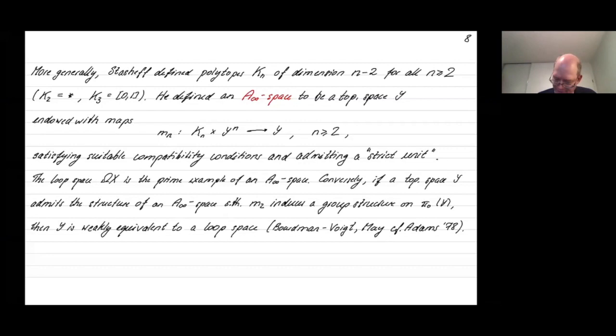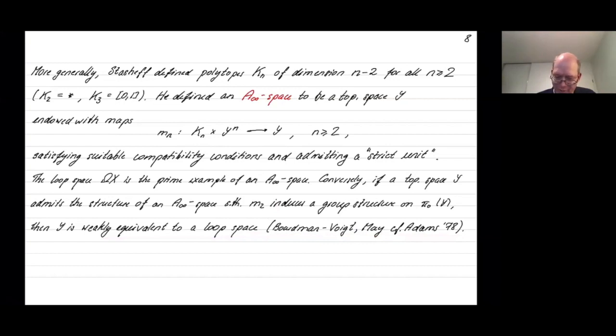And if that's the case, if we have a topological space Y such that the set of connected components becomes not just a monoid but a group under the composition M2, then it is actually weakly equivalent to a loop space. This was proved by Boardman, Vogt, and May, and you can find it in the book by Adams in 78.